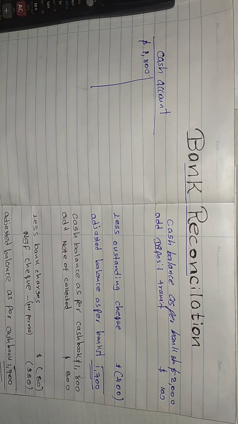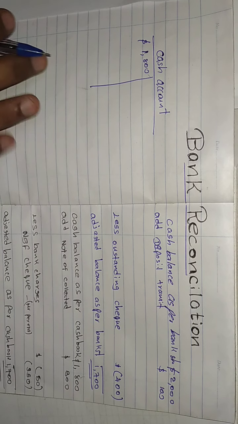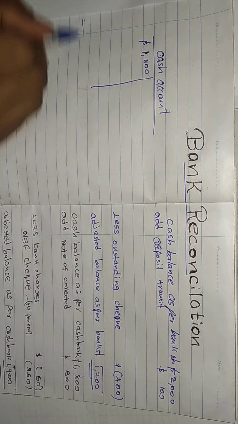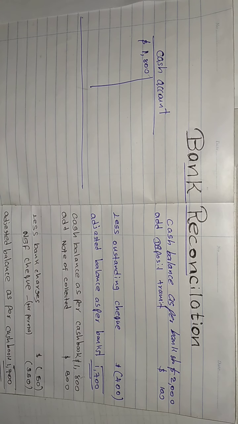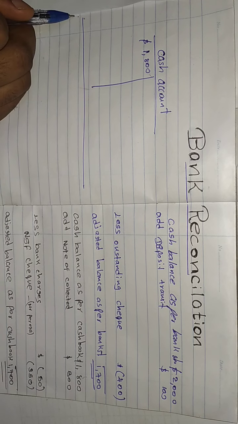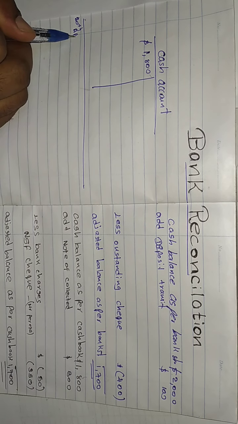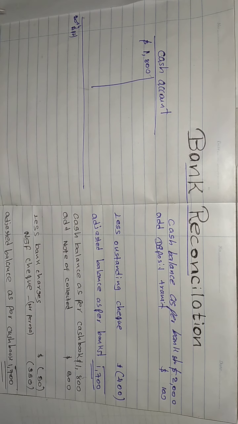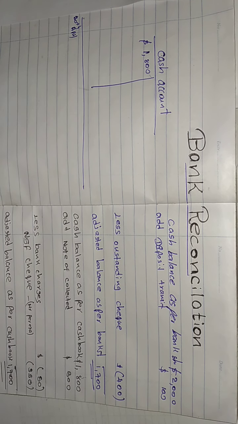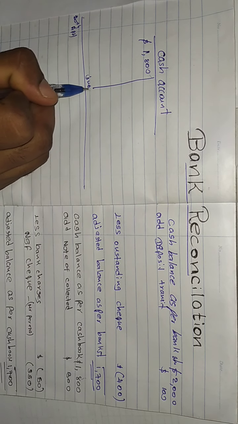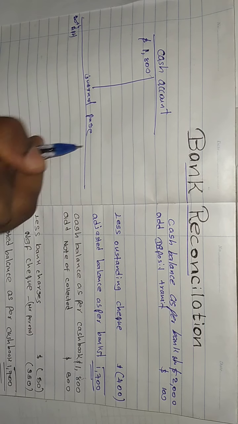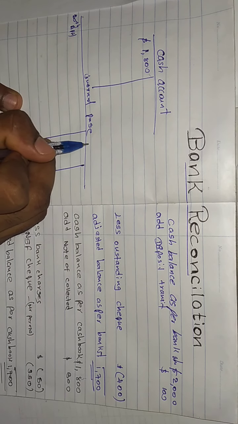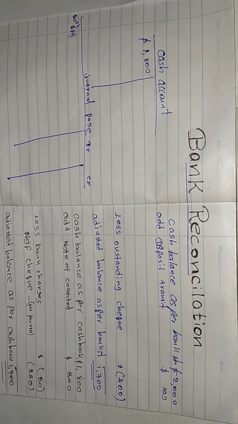Now we are also going to make an adjustment for the NSF check written by one of our customers. We go to the general ledger and make up a journal page, dated 30th April, with debit and credit.